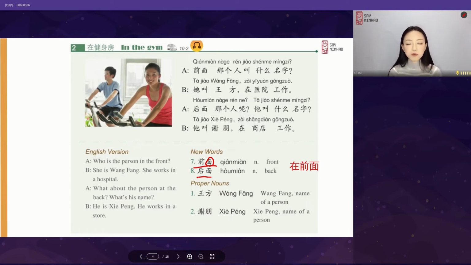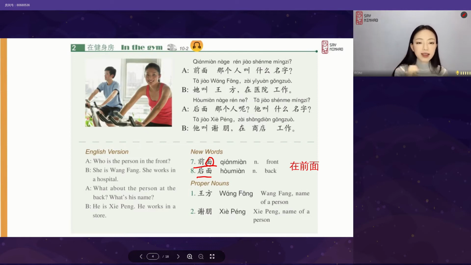Try to say that person in the front. Listen carefully. That person in the front is Teacher Lee. How to say that? First, that person in the front is 前面那个人, right? And is Teacher Lee is 是李老师. So 前面那个人是李老师, okay?